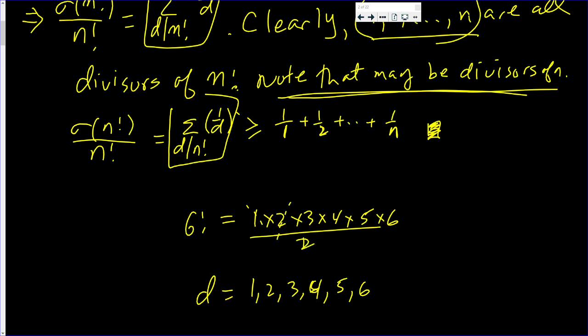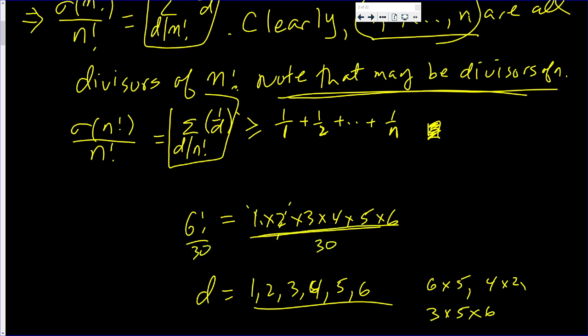And you have 1 times 3 times 4 times 5 times 6. All of these numbers go into it. But you know what? 6 times 5 goes into it. 4 times 2 goes into it. 3 times 5 times 6 goes into it. There are other numbers. 6 times 5 clearly goes into 6 factorial.